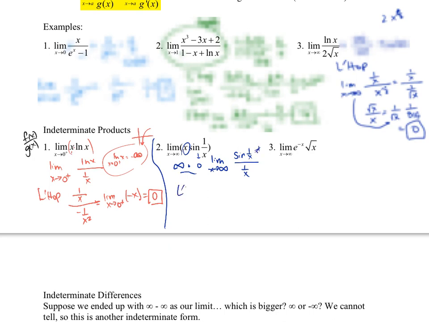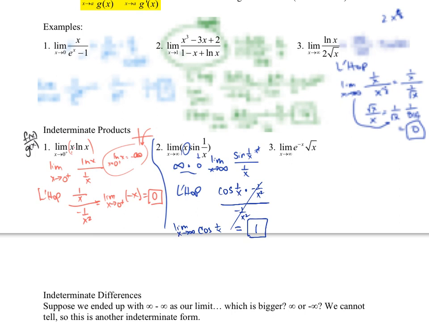At this point, we'll L'Hopital it, and taking the derivative here, we get the cosine of 1 over x times our negative 1 over x squared, because we have to use the chain rule. On the bottom, we have negative 1 over x squared, which those will reduce, and I end up with the cosine of 1 over x, and I need the limit as x goes to infinity, which is the cosine of 0, which is 1.